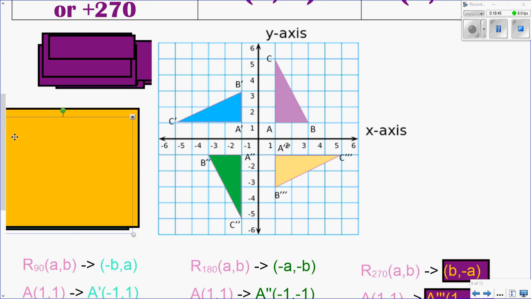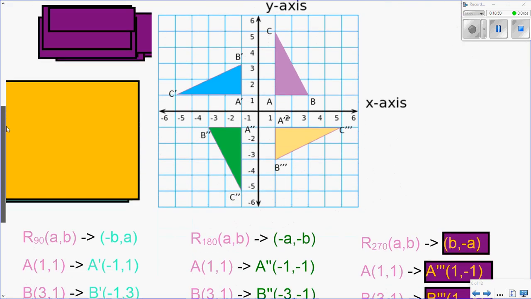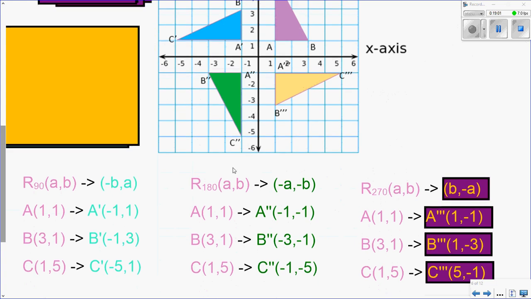Then you can write where it's positioned, and that will give you your new points for that image. That's if that helps you. If you're good at memorizing, then like I said, memorize the new points based on the rotation.